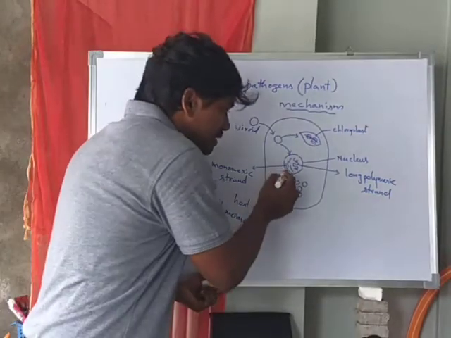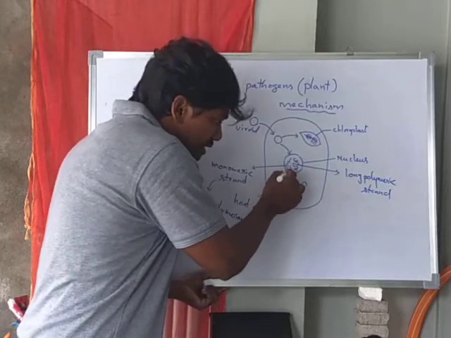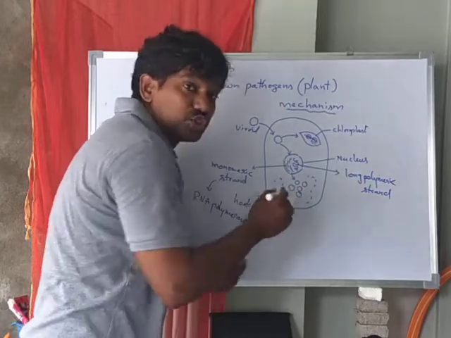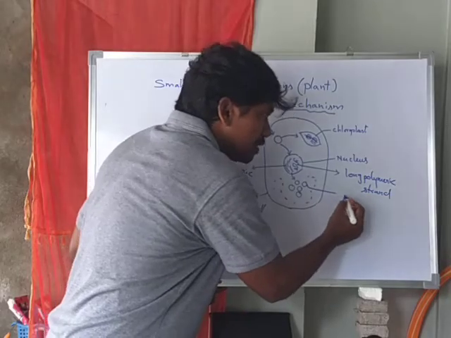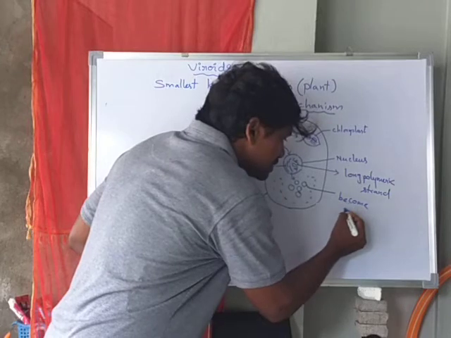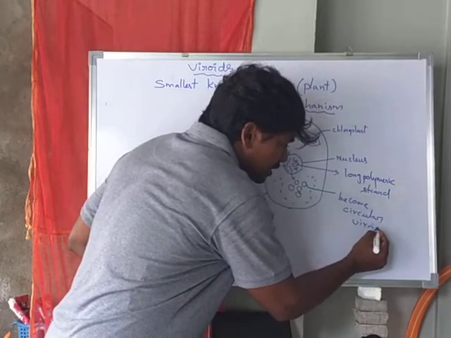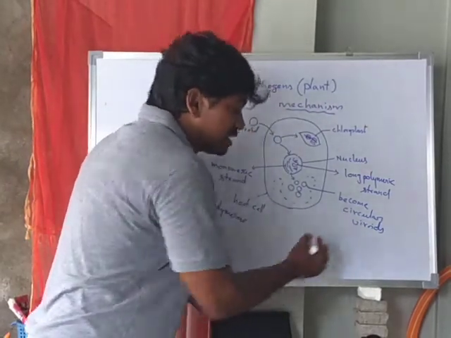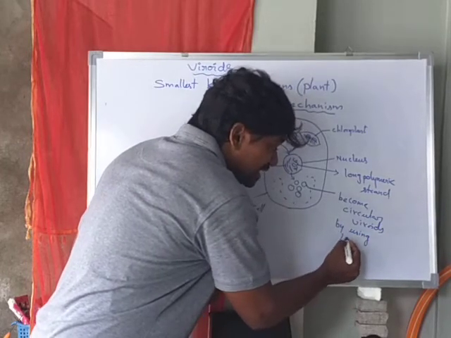Next, these monomeric pieces move into the cytoplasm of the host cell. Then they are joined to each other to become circular viroid progenies by using the ligase enzyme.